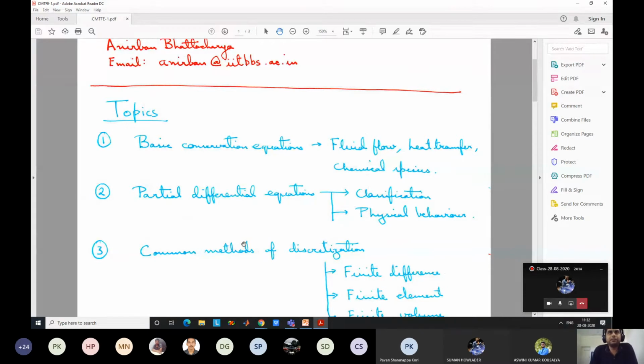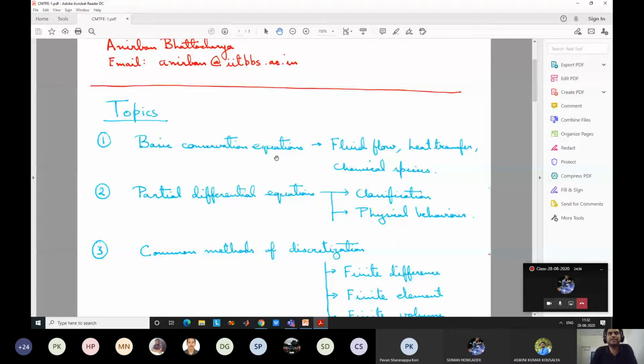Okay. So basic conservation equations means governing equations which can be developed based on conservation of mass, momentum, energy, then other species, like other types of mass transfer, chemical species transfer.